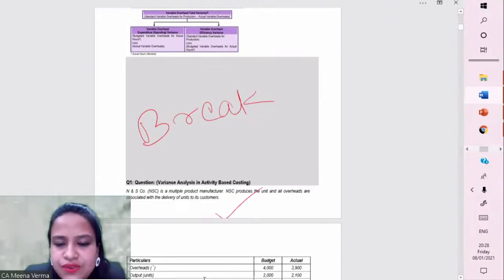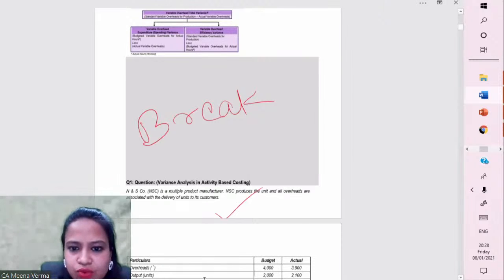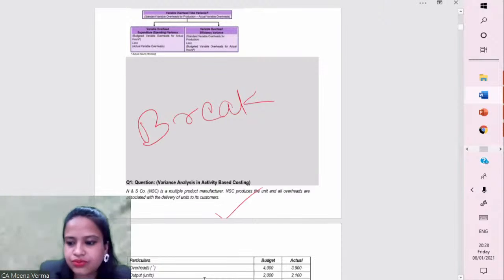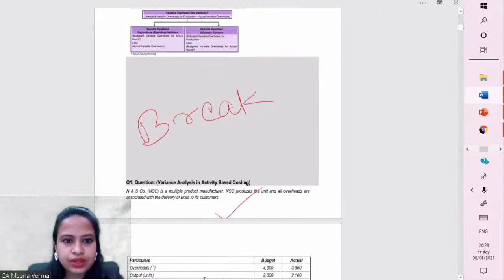Dividing it, you will get 200. This way you will get the efficiency variance, which is 400 favorable. This is the efficiency variance.